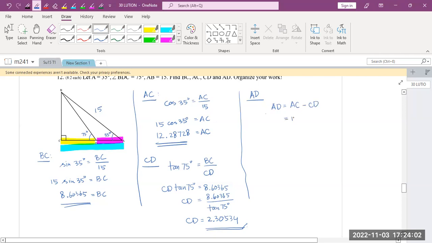AC is 12.28728. CD is 2.30534. So AD is equal to 9.98194.